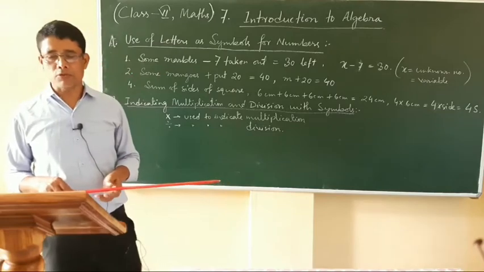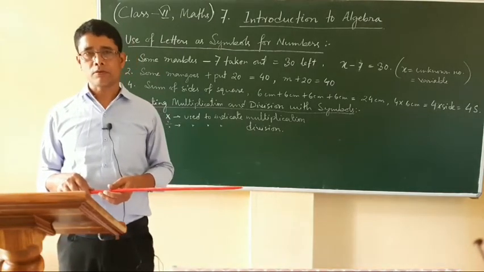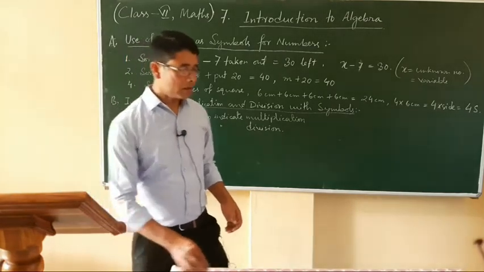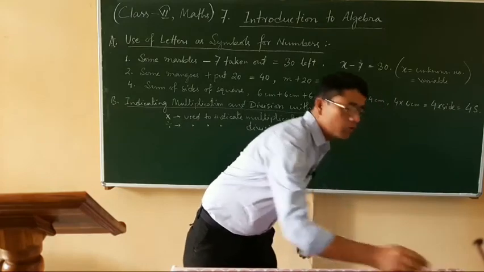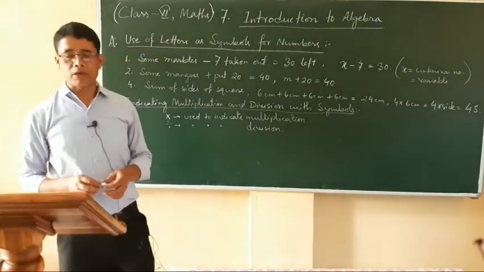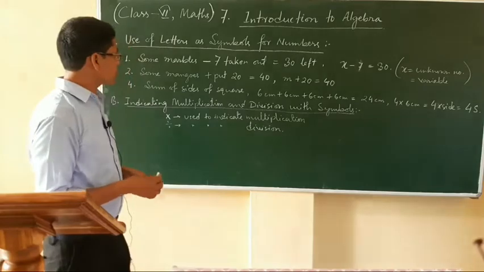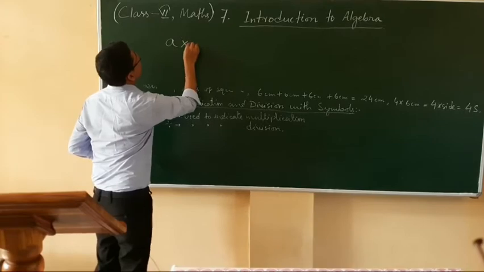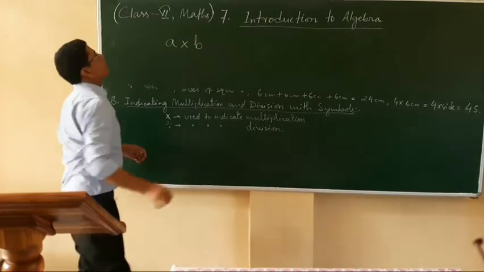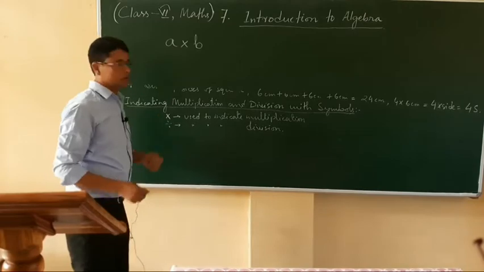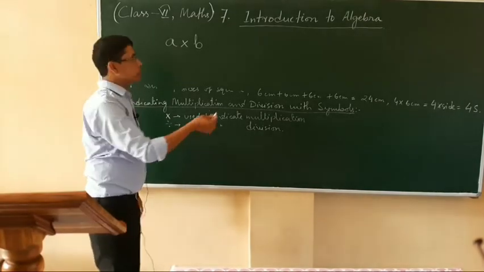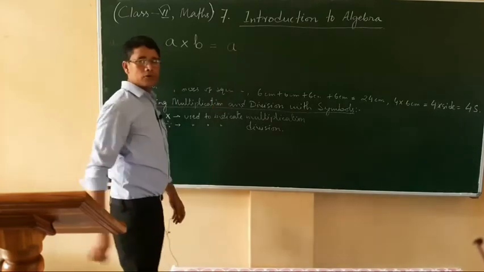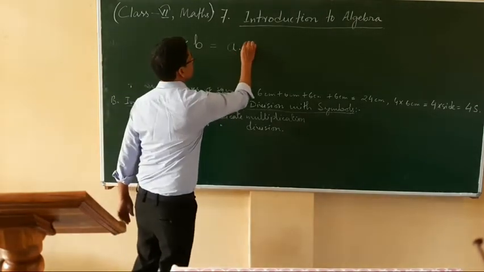Now multiplication is usually indicated in the following ways. You just listen. It can be done by placing a dot between the variables that we are multiplying. Suppose we are supposed to write the multiplication sign like this. But in algebra, in place of the multiplication sign, so that there may not be any confusion with x, we can use a dot in between.